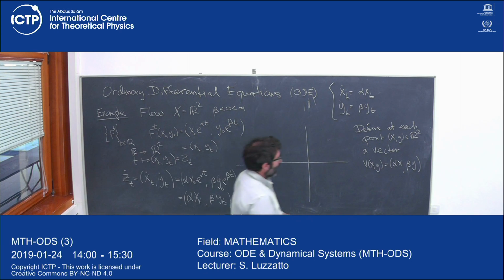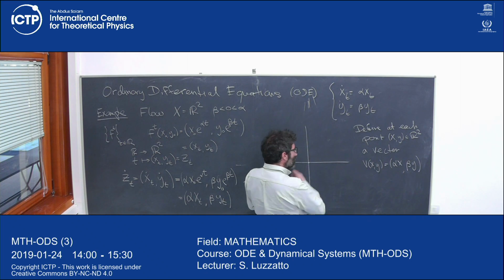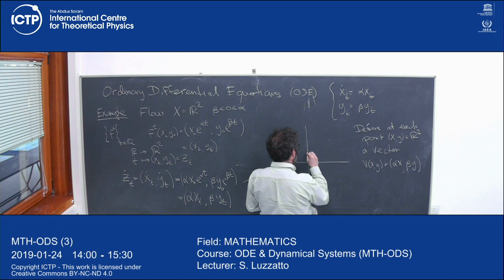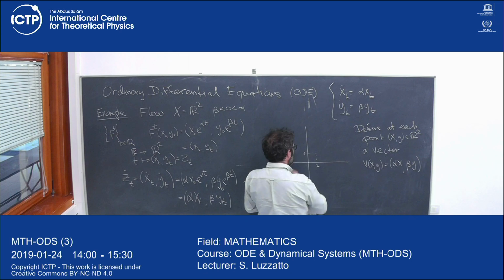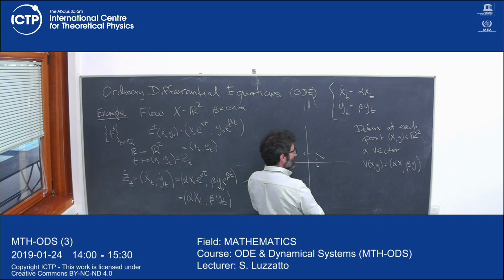So here I am going to define this vector so I can draw it at each point. So here I draw, for example, I take the point (1, 1), right? And I draw a vector, where alpha is positive, we said, so this would be alpha x, beta negative, so it would be something like this, right?